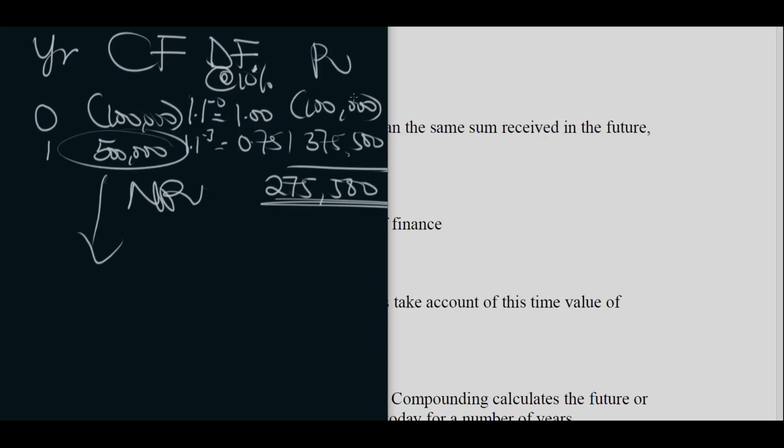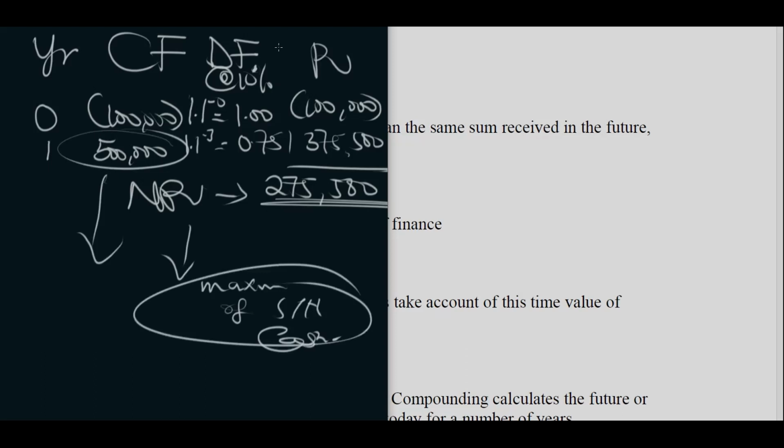It's 375. But we are saying invest 100. That means it's a two-for-one deal. You are gaining. You are getting it at a cheap price. So that is the gain, the net, which is actually maximization of shareholders' wealth, because this is actual cash. This is money that you end up saving. Okay, so that is NPV. I hope it makes sense.